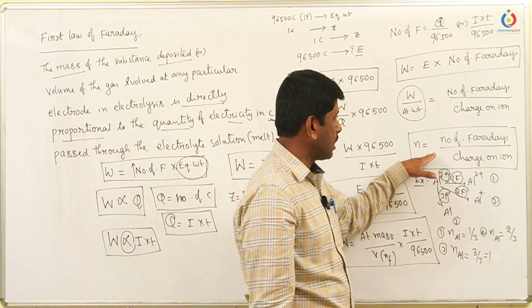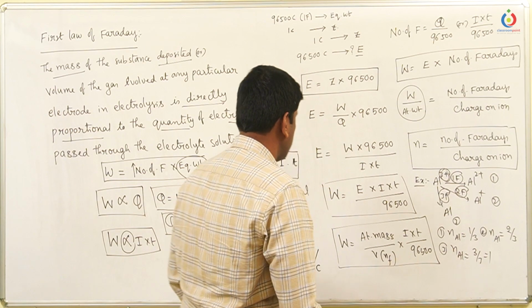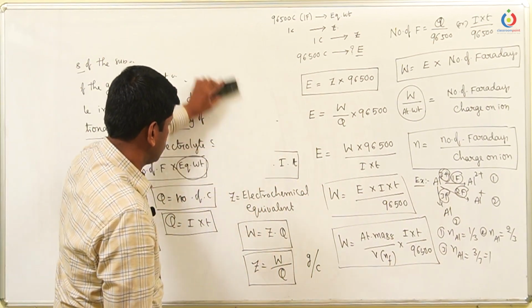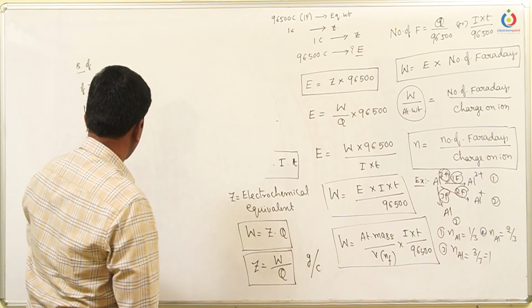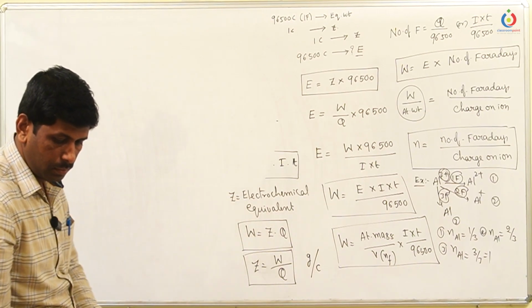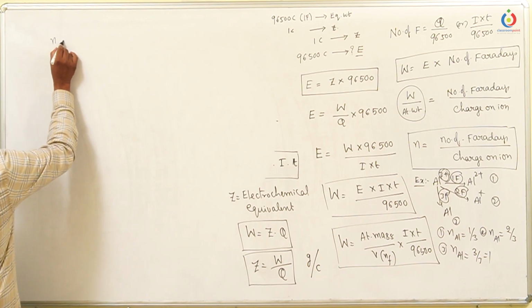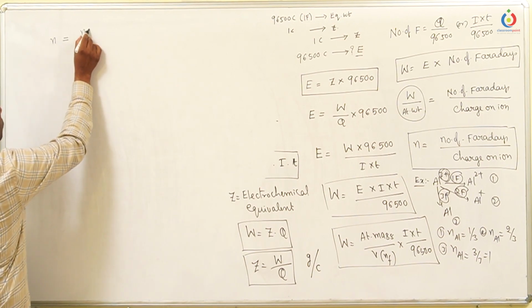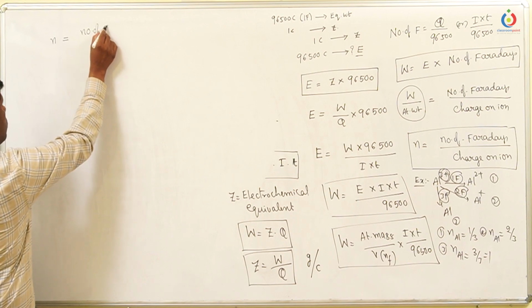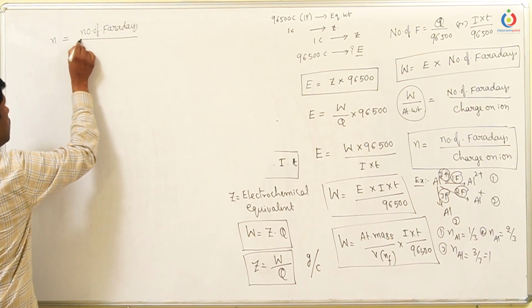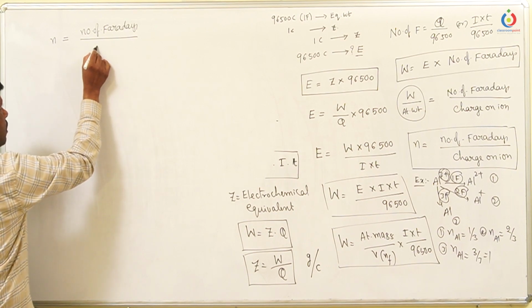So let us connect this using this particular formula. Number of moles of substance is equal to number of Faradays divided by n factor or charge.